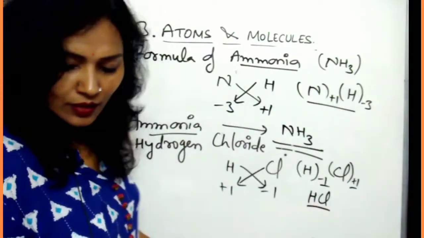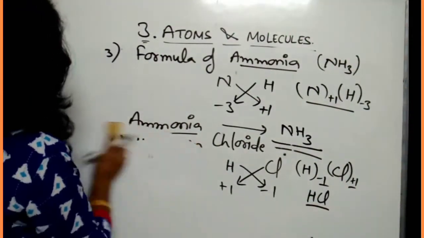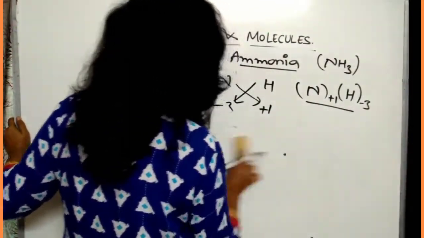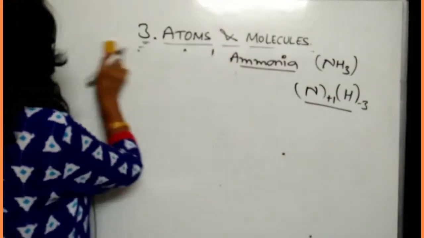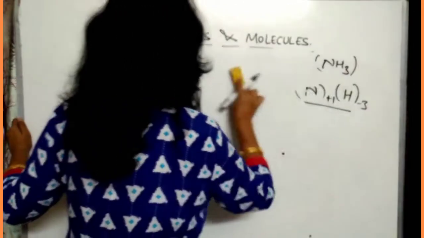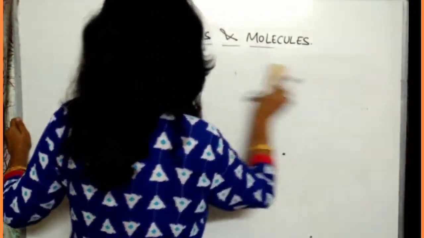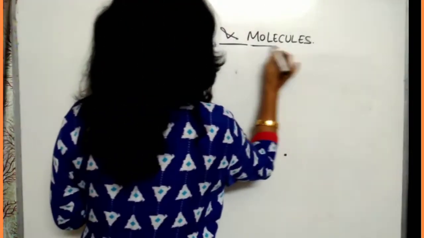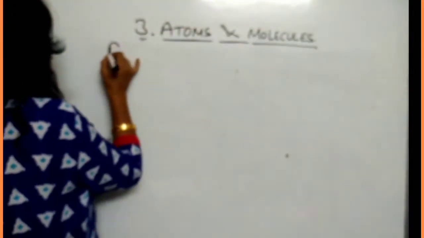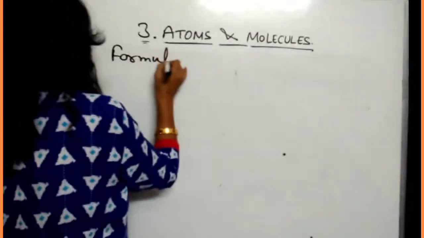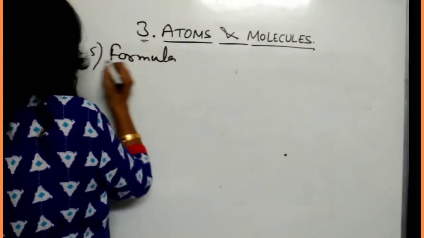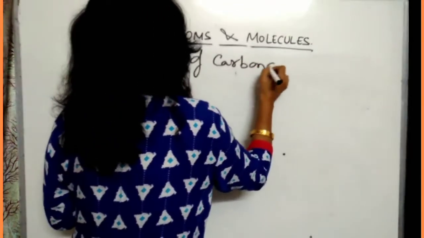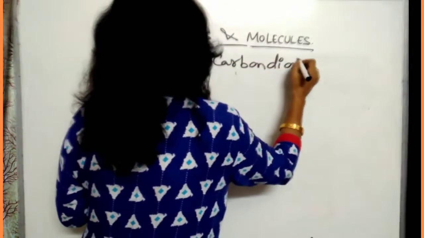Next you can write another formula, that is carbon dioxide. How will you write carbon dioxide? That is CO2. I think it's the 5th one, the formula of carbon dioxide.